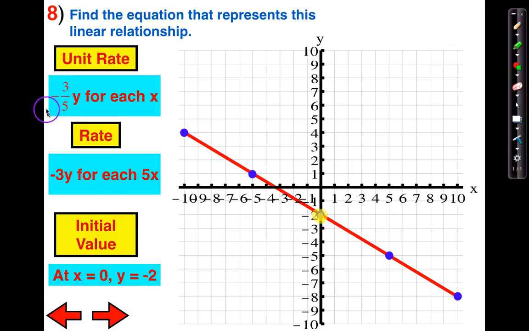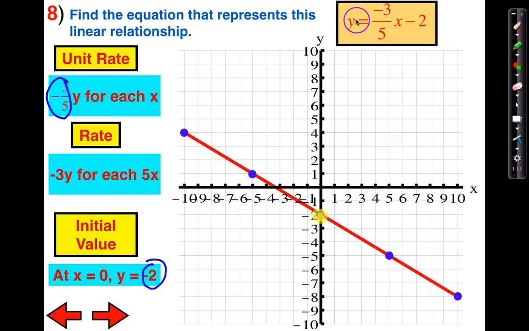Now that I have the unit rate of negative 3/5 and our initial value of negative 2, I'm able to build my equation. It's going to be y equals negative 3/5 x minus 2. So once again, this is your unit rate, and this is your initial value.